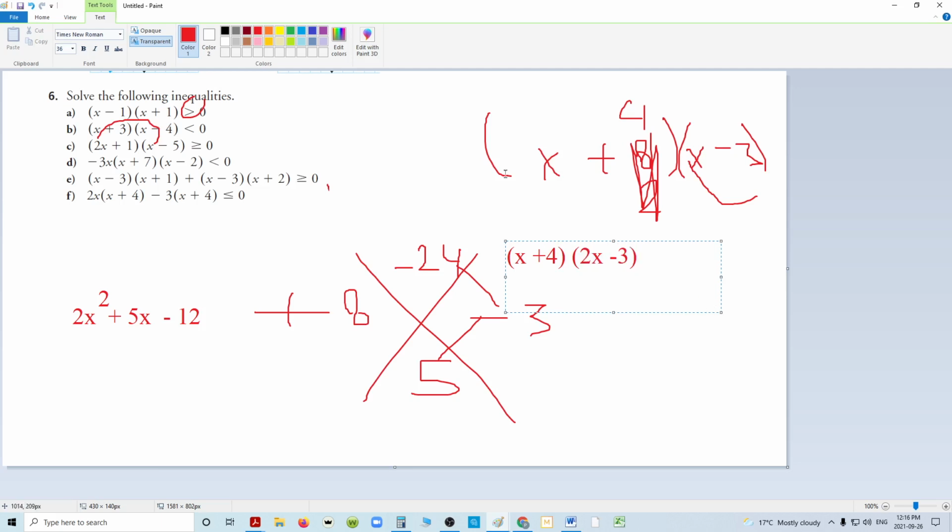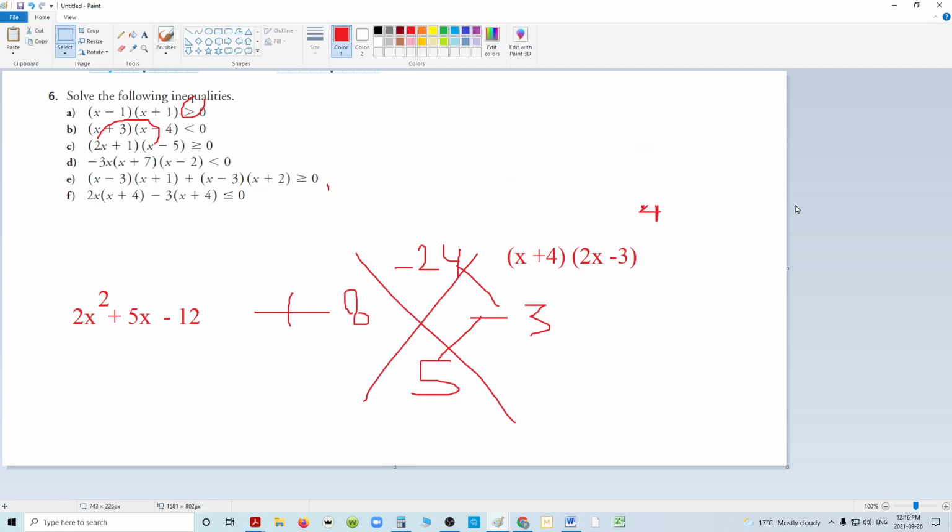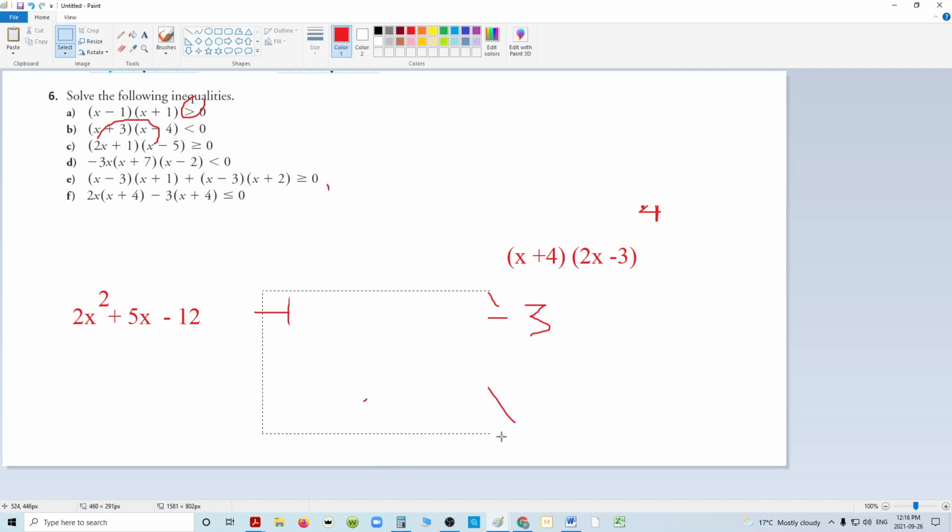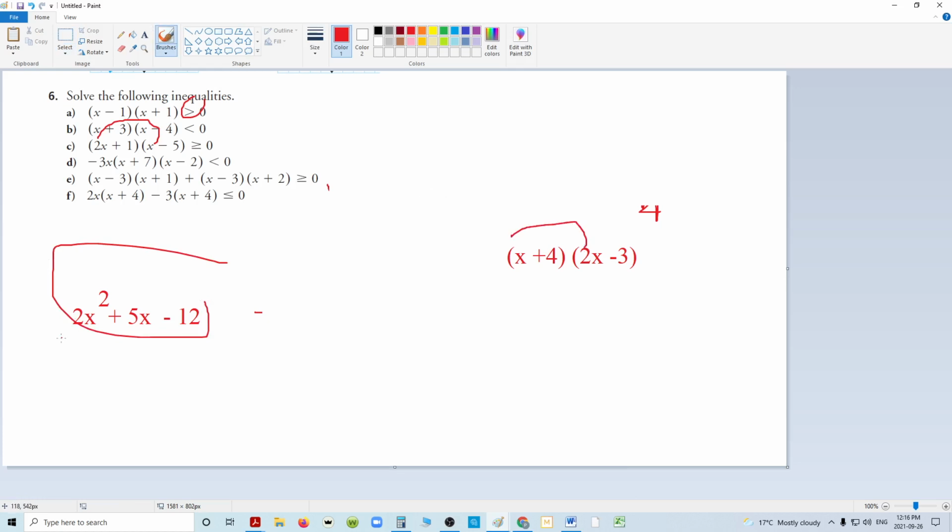And to make sure, you multiply it out to see if you get this parabola here. 2x squared, check. Minus 3x plus 8x is plus 5x, check. Minus 12, check.